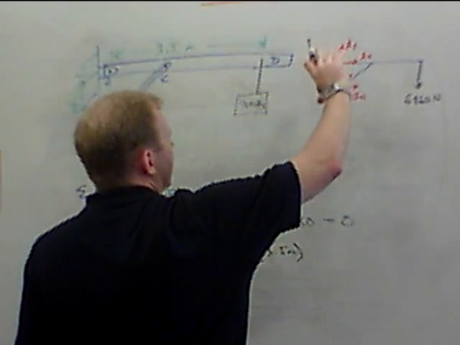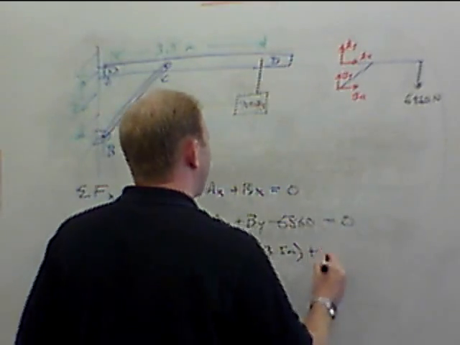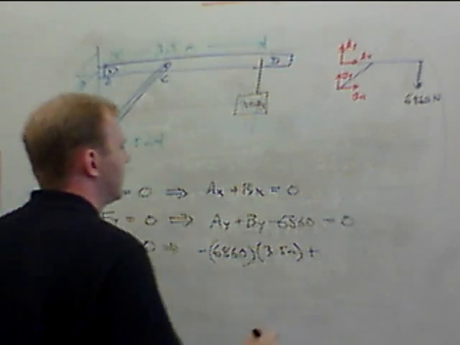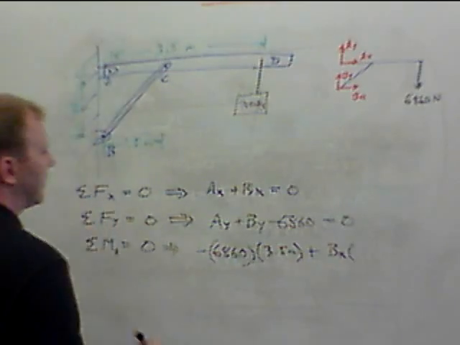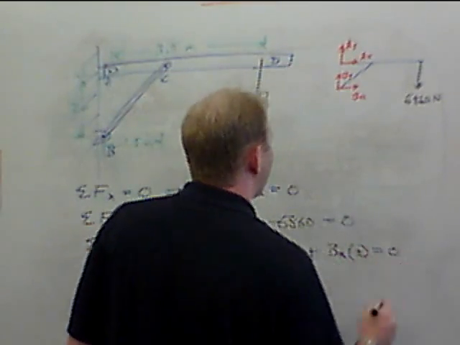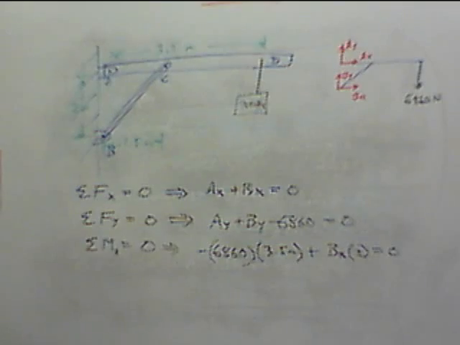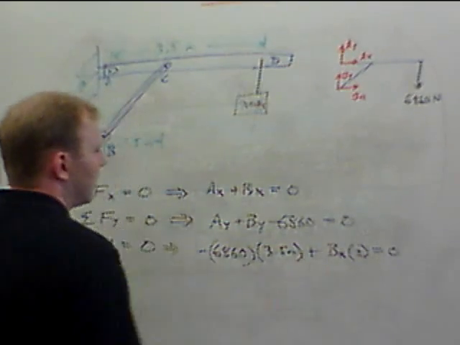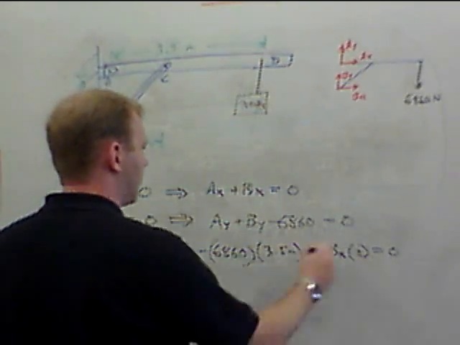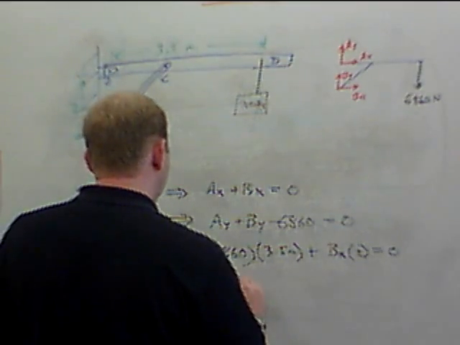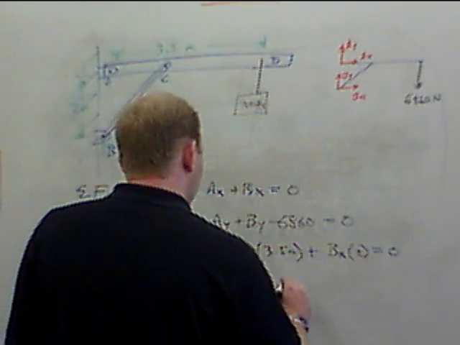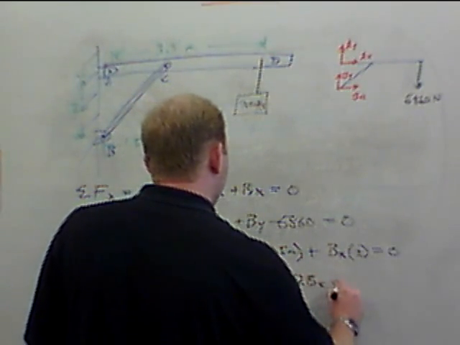We have BX, which is causing rotation, as we've drawn it, counterclockwise, so that's positive. BX times its moment arm from A to B is 2 meters. That equals 0. So we have 6860 times 3.5, which is 24,010, plus 2BX equals 0.